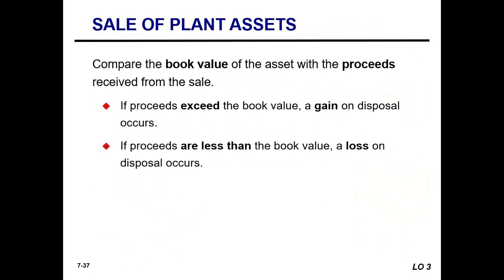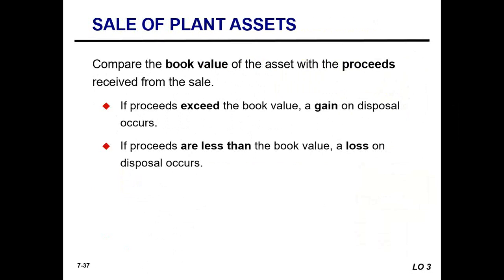What if we sell an asset? Well, we have to do something with that also because it's no longer ours if we sell it, correct? First, we want to look at the book value. Remember what book value is? Original cost minus accumulated depreciation.